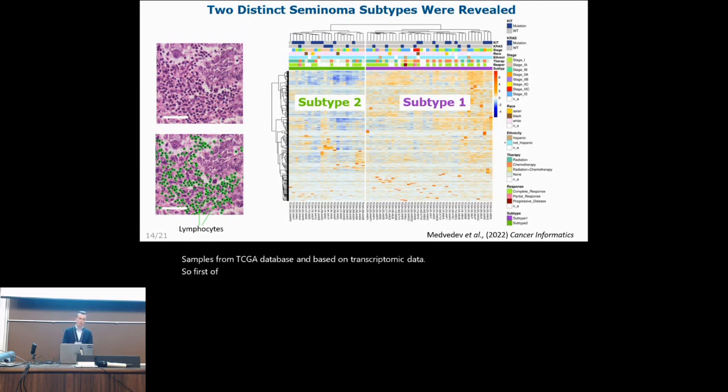First of all, I want to pay attention to the fact that seminoma tissue is highly infiltrated with lymphocytes, so we removed all transcripts related to immune cells to focus exclusively on the cancer cells, and we did the clustering. The clustering results showed two distinct clusters, which we call subtype 1 and subtype 2, and we studied the molecular features of these two subtypes.